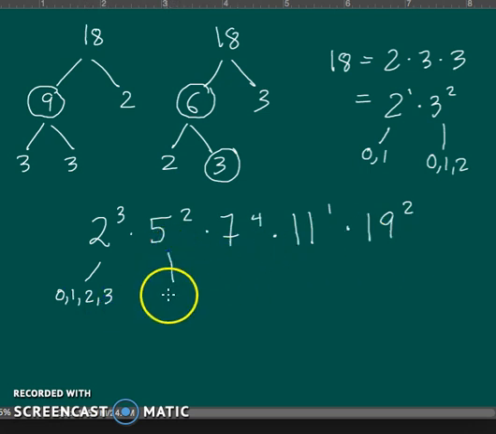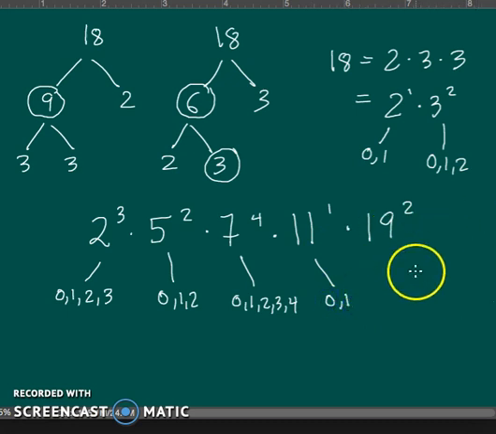It's going to be a product of 0, 1, or 2 5's, and 0, 1, 2, 3, or 4 7's. It can only be a product of 0 or 1 11's. And finally, 0, 1, or 2 19's.